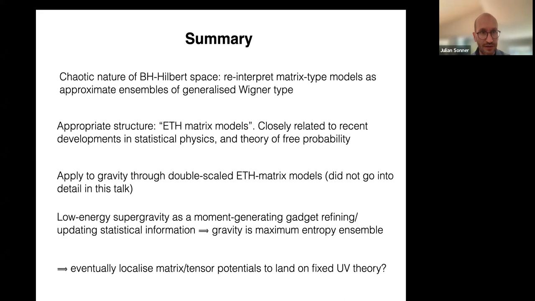So let me summarize. We basically reinterpret these matrix-type models as approximate ensembles of some Wigner type. When we apply this to CFTs, we need to ask ourselves how we go ahead. I advertise these ETH matrix models as being the mathematical framework that does it for us.